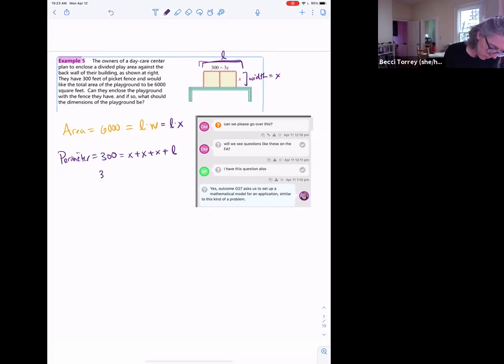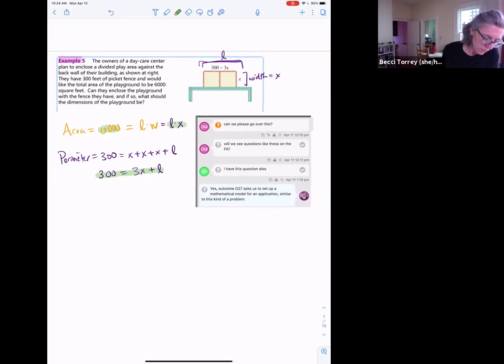So we have that 300, not 3,000, is equal to 3x plus whatever that length variable is. And so we have two equations here. We have the perimeter, which tells us that 300 is equal to 3x plus whatever that length is, and the area, which is telling us that 6,000 is equal to L times X.